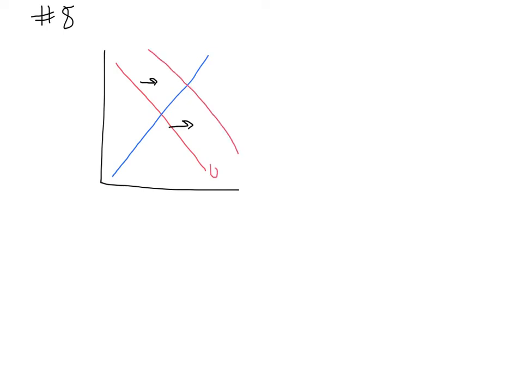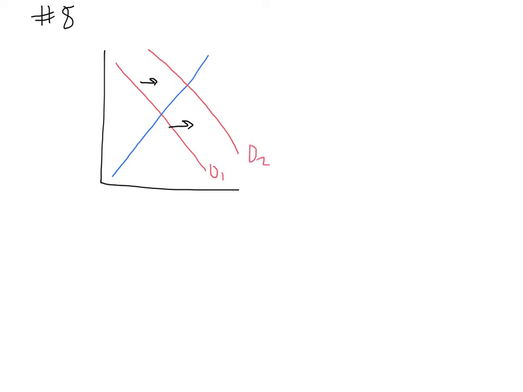A lot of times, if we look at just a standard supply and demand curve, the demand is here, the supply is here, and let's say demand shifts to the right. So we had our original demand, and now we have demand 2.